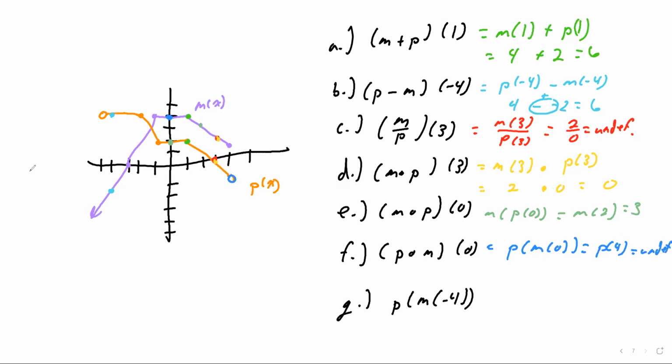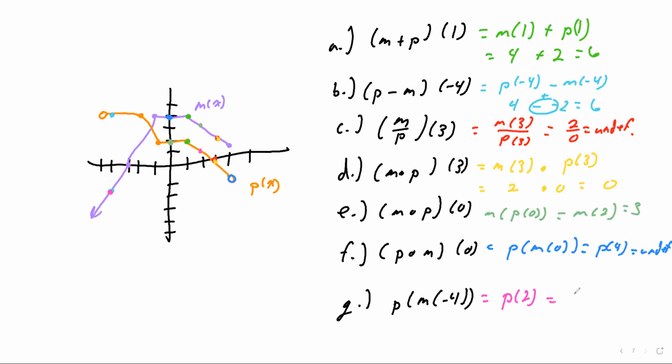All right, and then the last one here, what color have I not used? I've already got it rewritten, so just go find out where negative 4 is for m. So that's 1, 2, 3, 4. M is the purple one. That looks to be about like 2. So this is really what is p of 2. So then I come over here. 2 looks to be about 1.